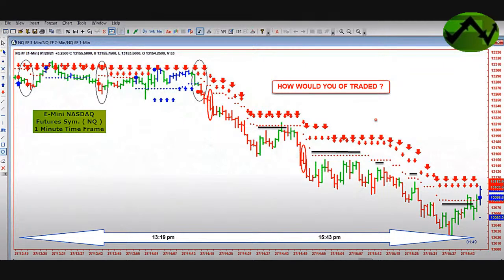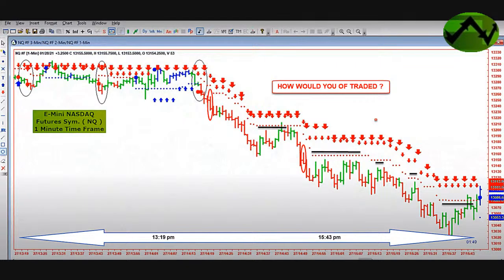Actually, everything's red. Big red dot, red bar, small red dot, big red arrow. Everything's in agreement. And where would you get in? Right here on the third bar.